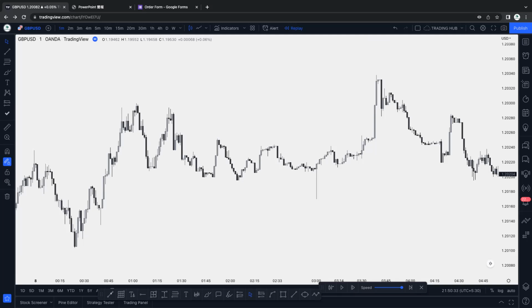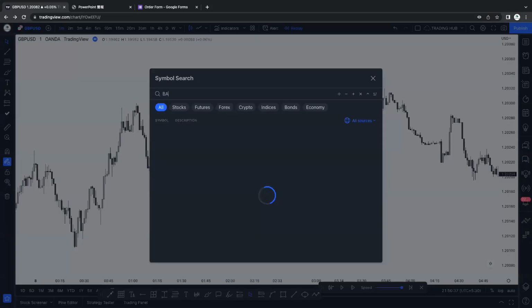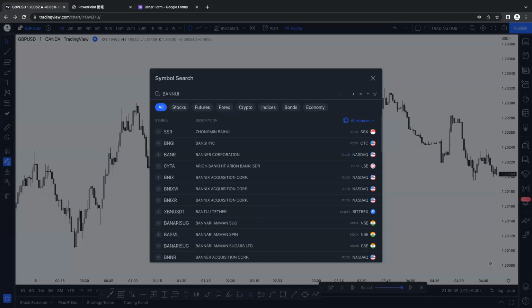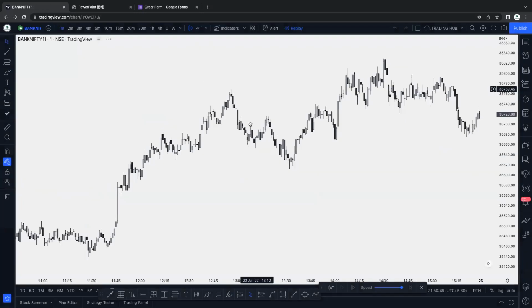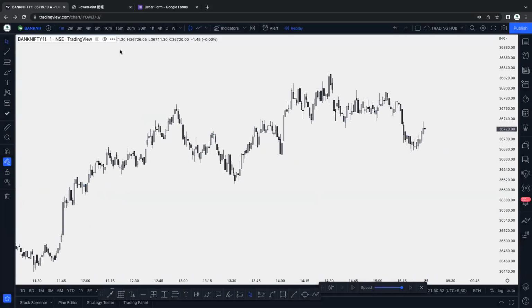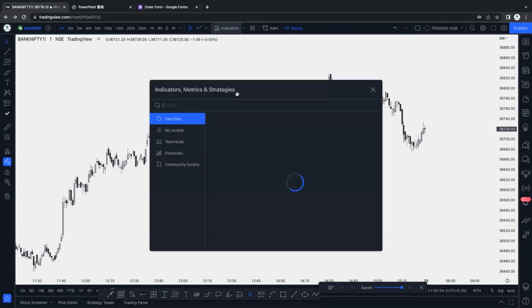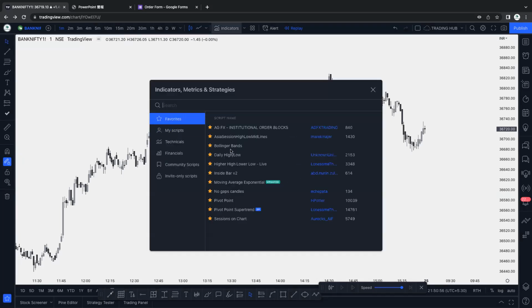In lower time frame, sometimes Bank Nifty. Okay, let me open the chart. Bank Nifty. In Bank Nifty, you can apply an indicator; I don't know how many indicators.